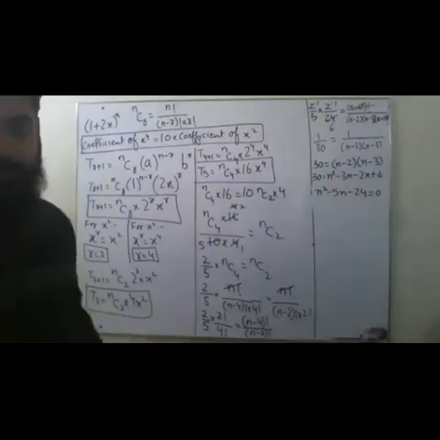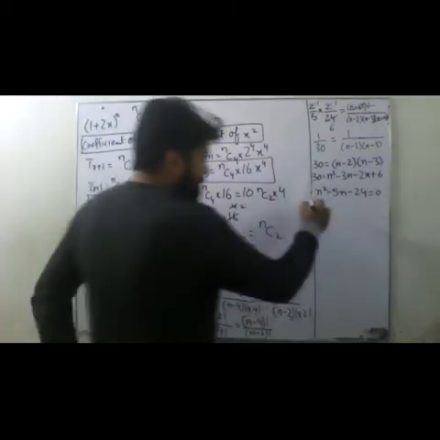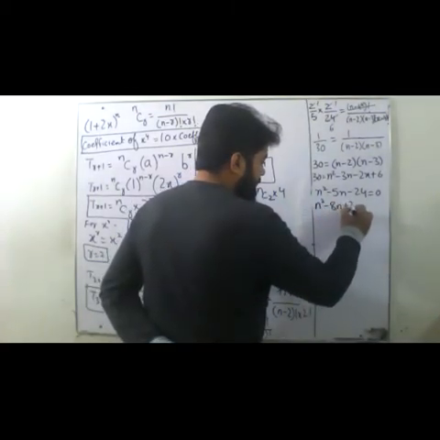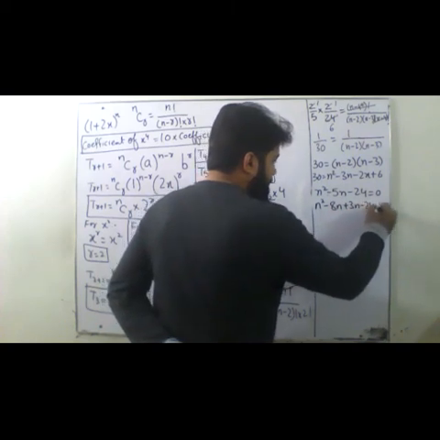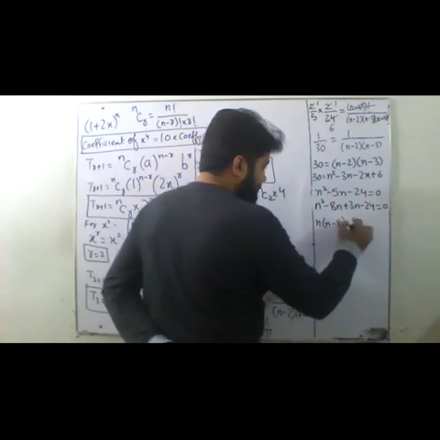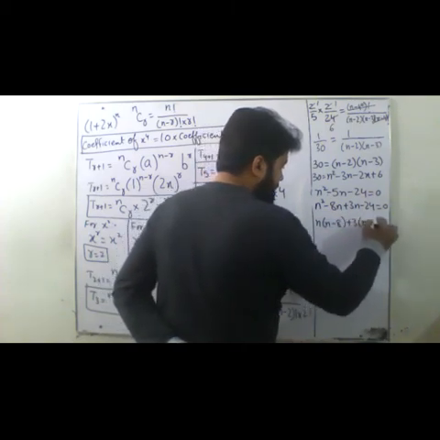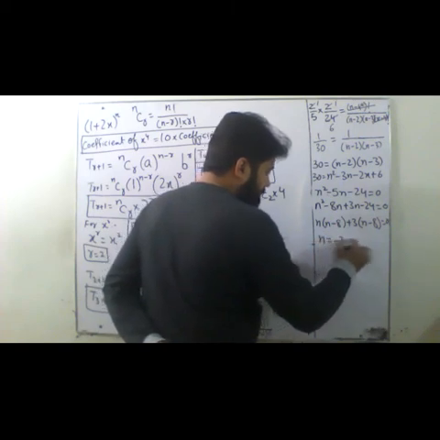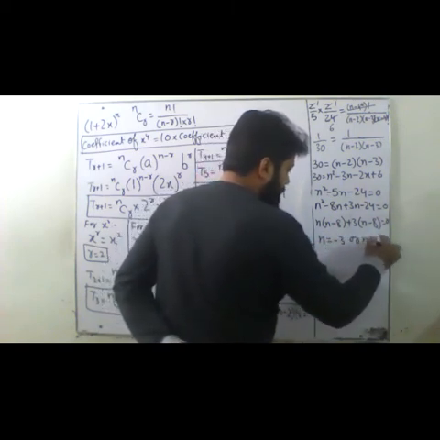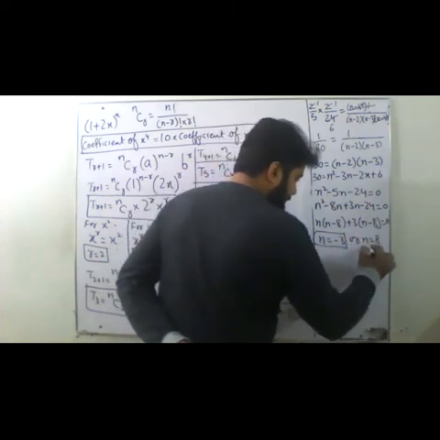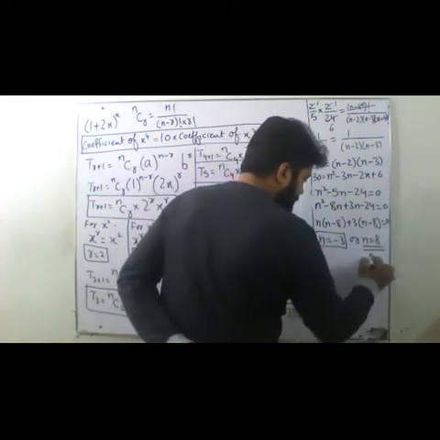Okay. Now middle term breaking, n^2 minus 8n plus 3n minus 24 equals 0. n common, (n minus 8) plus 3 common, (n minus 8) equals 0. So n will be minus 3 or n will equal 8. Minus 3 cannot be accepted, so n equals 8. That's your final answer in this question.